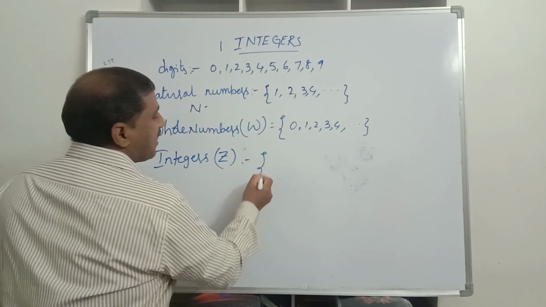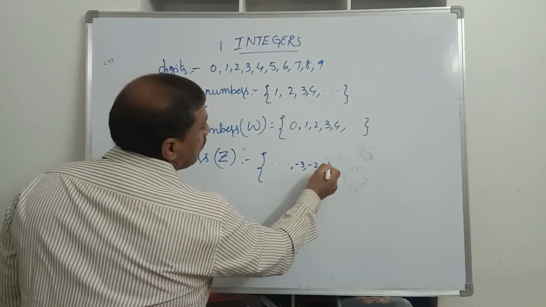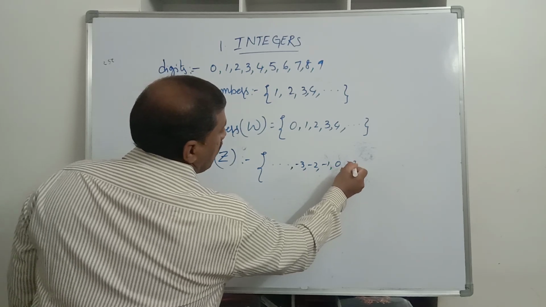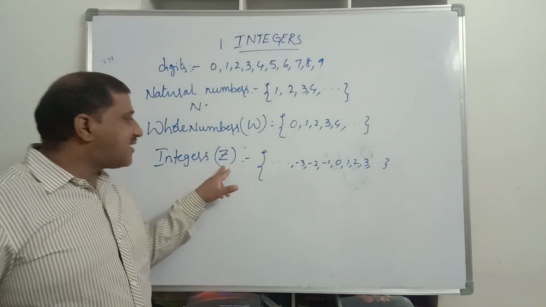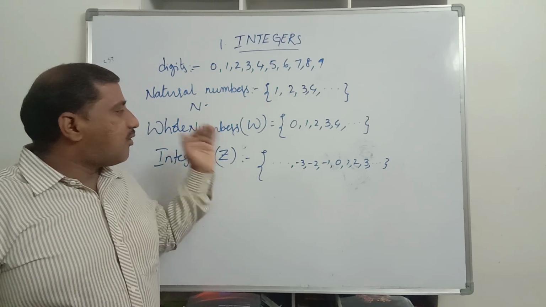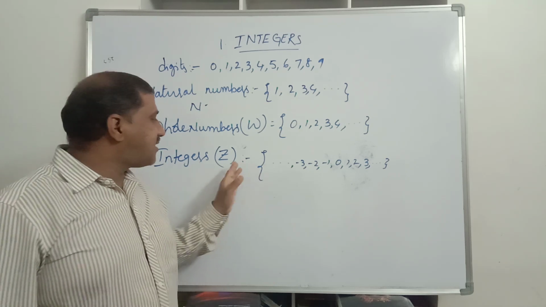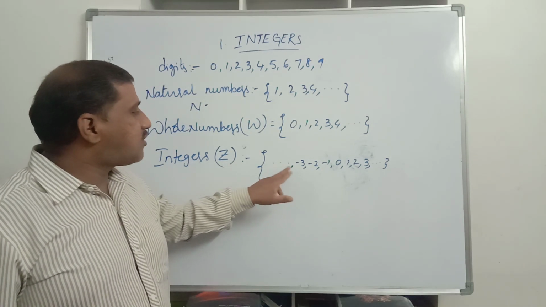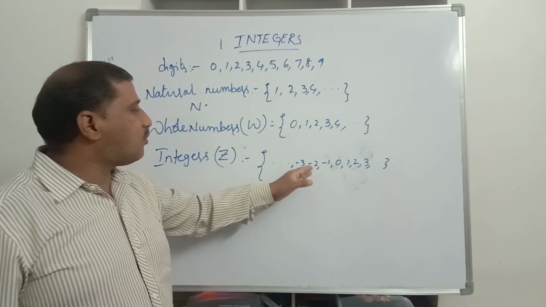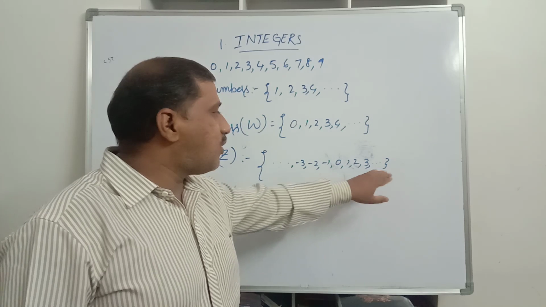Integers contain minus 3, minus 2, minus 1, 0, 1, 2, 3 and so on. The whole numbers including negative numbers are known as integers, represented with the letter Z. On the left hand side of 0 we have the negative numbers -1, -2, -3 and so on, and on the right side we have 1, 2, 3 and so on.